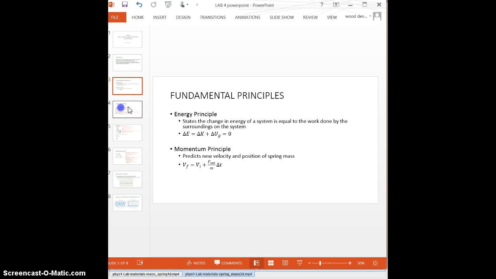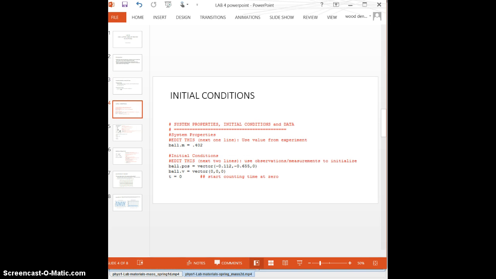So, calculating the spring force. Oops, sorry.